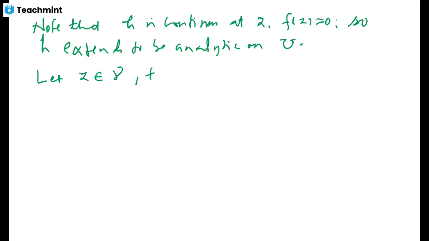On gamma, reflection fixes every point, and also by hypothesis the modulus of f(z) on gamma is 1.